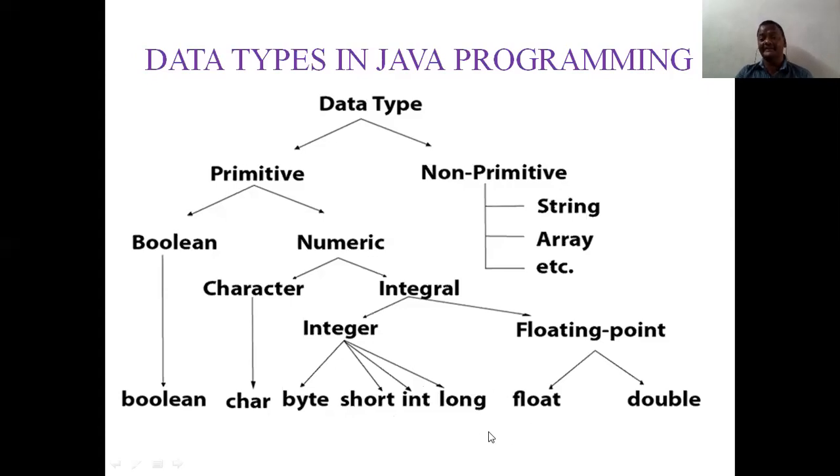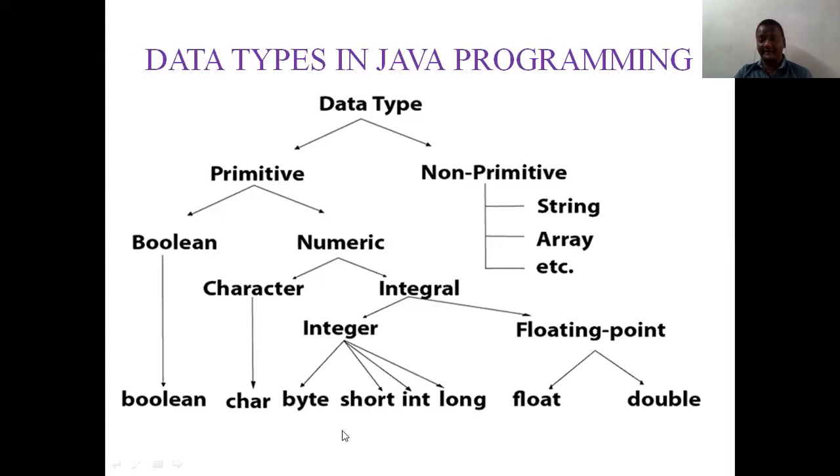Byte stands for 8 bit, so 8 into 8 is 64. 2 power 64 is a very, very important thing. If possible, you can calculate it, no problem. These are the integer types.